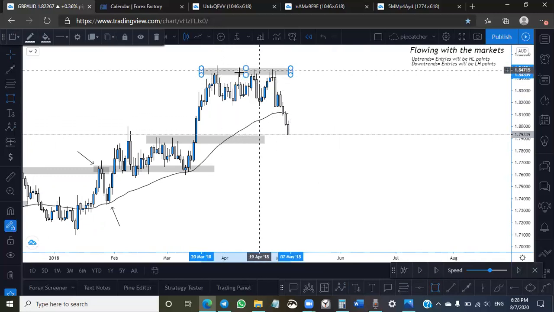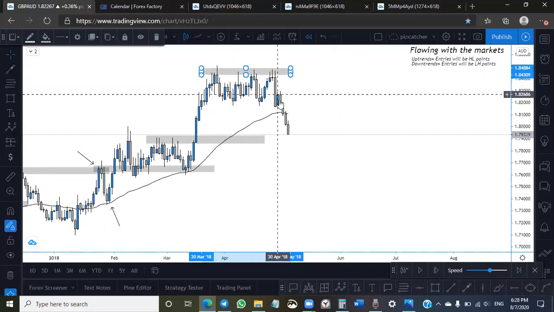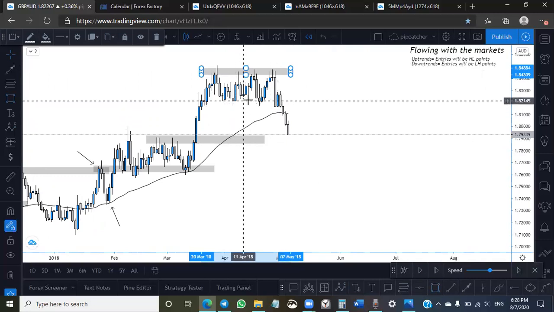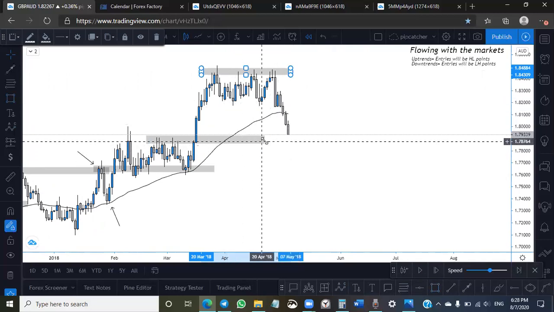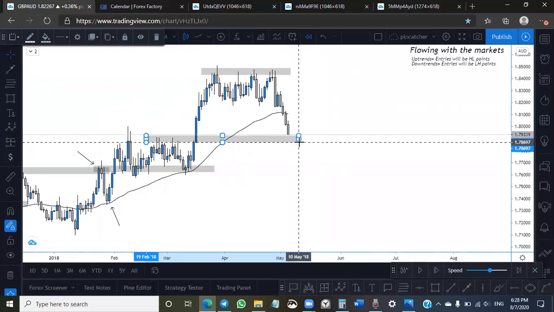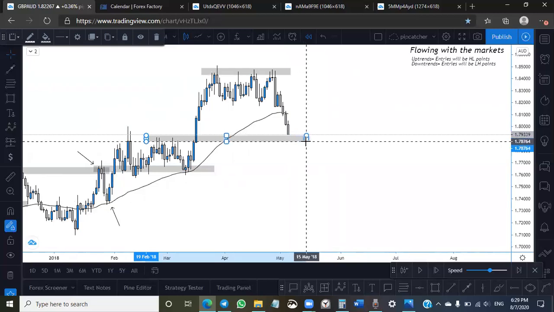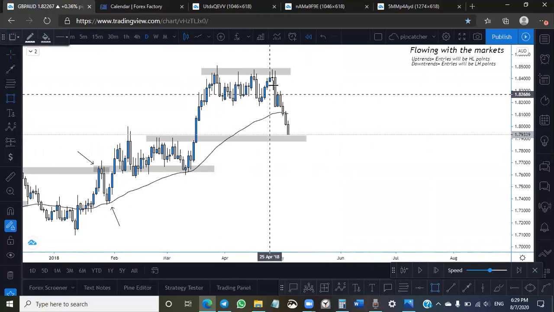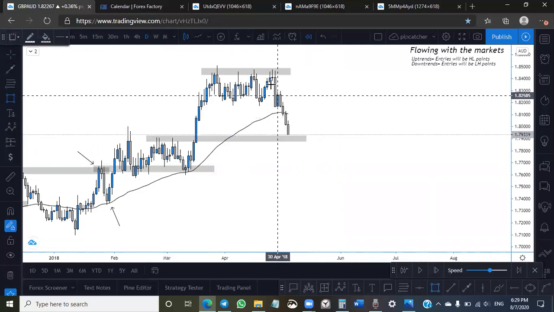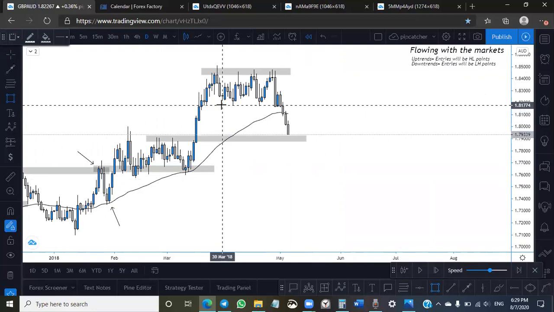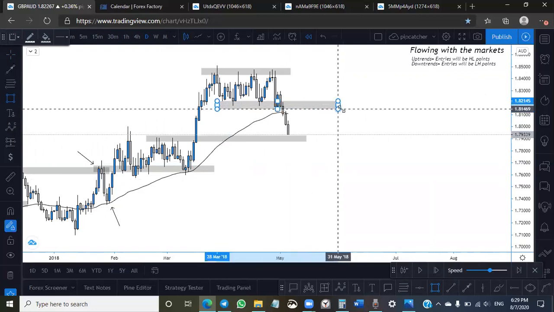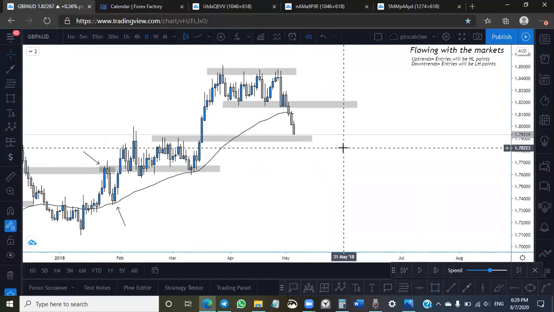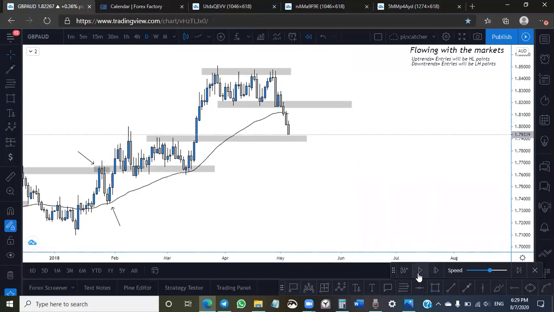We have a supply zone up here, and we have broken structure now actually to the downside. I'm going to keep this zone there just to keep it genuine. But ultimately, we have broken structure now. So I am going to be looking at this zone as well, right in here.